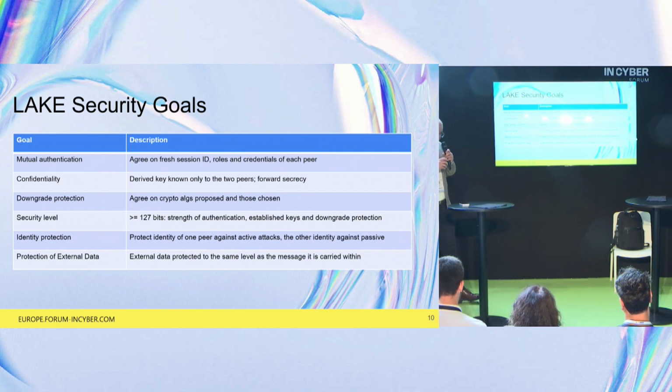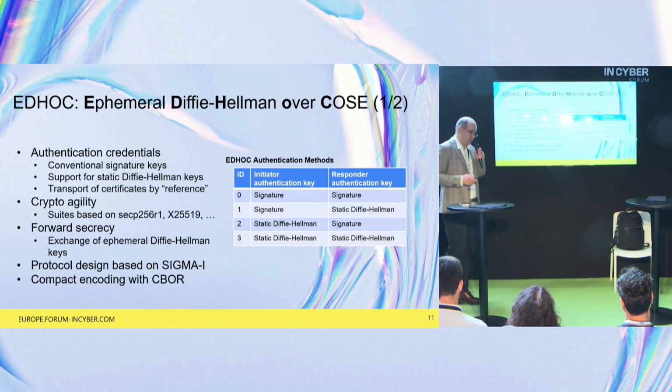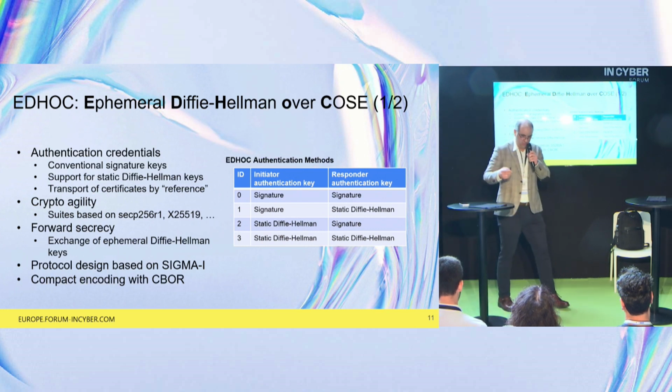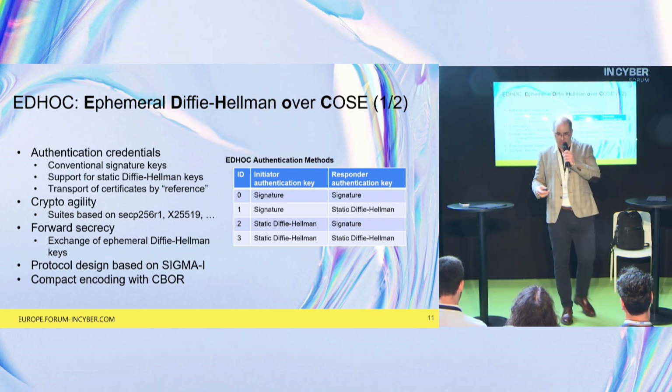So these were the requirements as they were collected in the IETF at the very beginning of the phase, and then the solution protocol, EDHOC, is the protocol that meets these requirements.